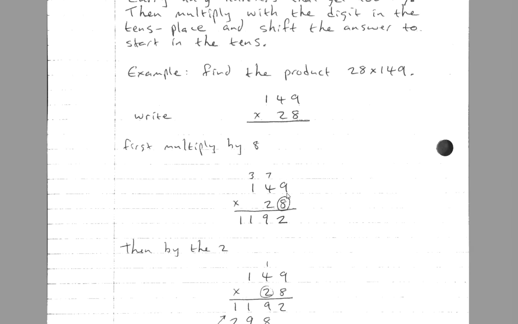All right, and we start with this 8. Okay, so the digit in the ones place on the bottom number. So we're going to multiply 149 by 8 first. Okay, so 8 times 9 is 72. Write down the 2, carry the 7.